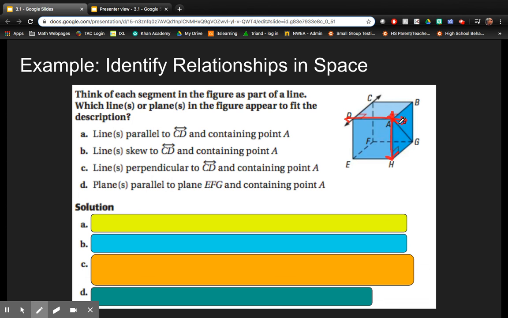I see this line, but we have the same issue. And last, I see this line. Okay, so they are not intersecting with each other, and they are on the same plane. So we're looking at AB here. And the plane that they share would be the top of this box.